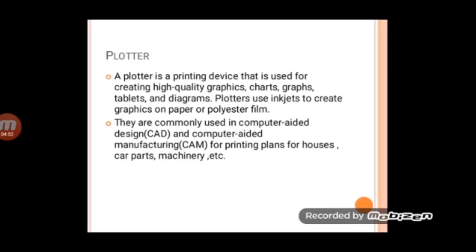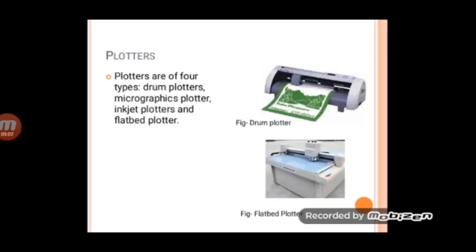They are commonly used in computer-aided design and computer-aided manufacturing for printing plans for houses, car parts, machinery, etc. The plotters are of four types: drum plotter, micrographic plotter, inkjet print plotters and flatbed plotter. In the image you can see the drum plotter and flatbed plotter.